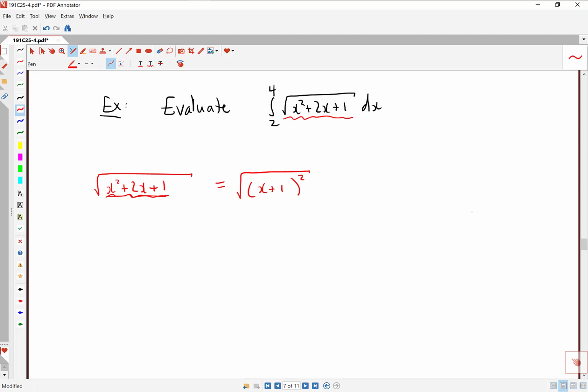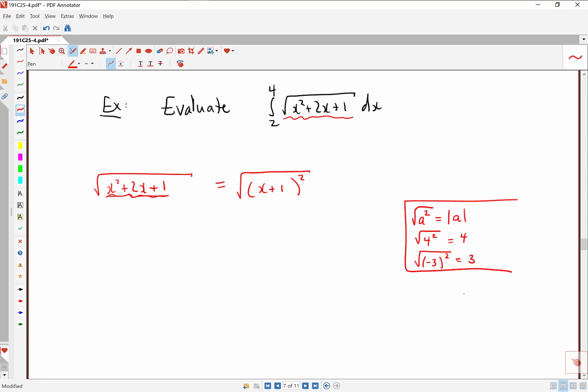Now, flashback to pre-calculus. If you take the square root of a squared, you might be tempted to say that that's equal to a. But the truth is that it's equal to the absolute value of a. Okay, so let's think about this. If you take the square root of 4 squared, for sure that's equal to 4. But the problem is, if you take the square root of something like, say, negative 3 all squared, that's not equal to negative 3.